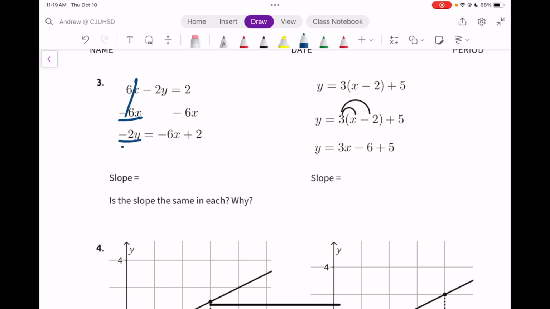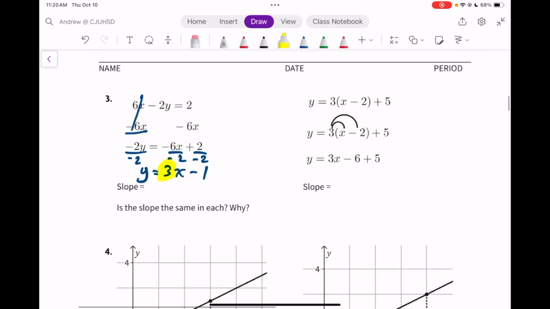We could divide by negative 2 on everything, and we would get y is 3x minus 1. When you have an equation solved for y, the number in front of x is the slope. 3 is the slope. And on the other example, 3 is the slope. On both of these, 3.